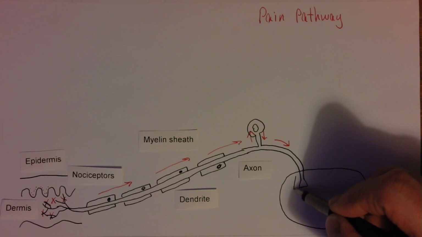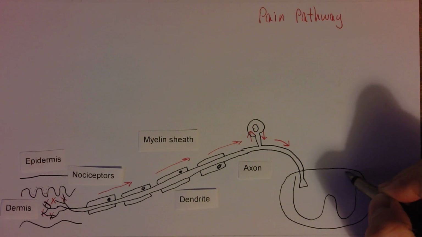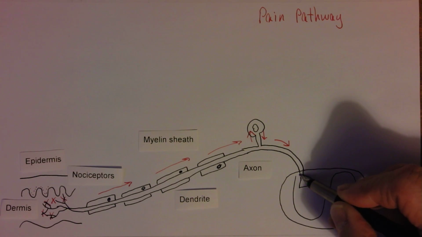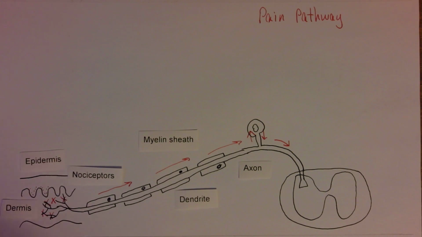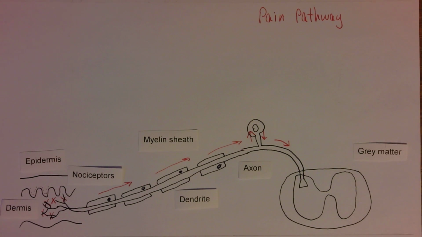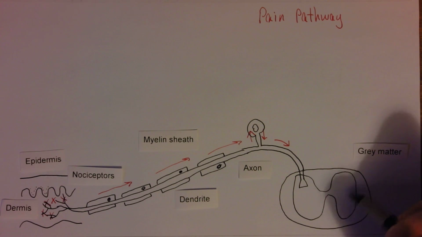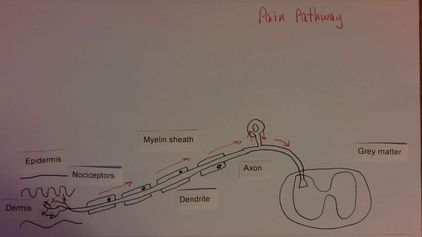And inside this there's an H-shaped area, somewhat like that. And the H-shaped area contains the grey matter, that's the grey matter there of the spinal cord. So all this in here is the grey matter.